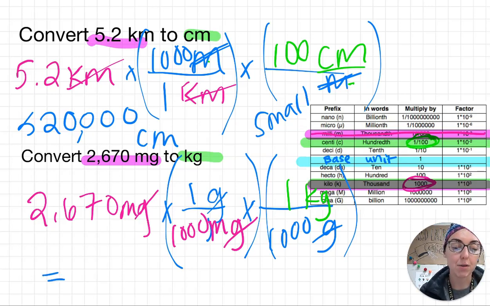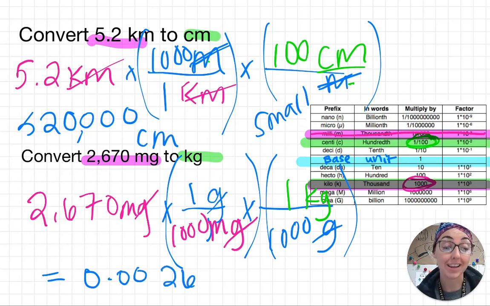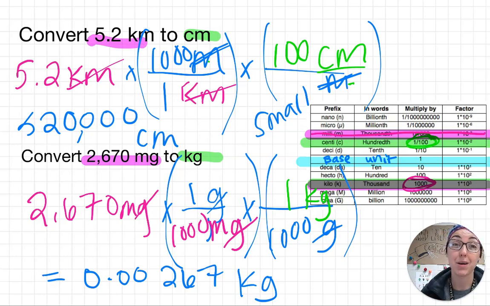So I divide by 1,000, and I would get 2.670 grams, and then I would divide by 1,000 again, which gives me 0.00267 kilograms. Though really, if I was using my sig figs appropriately, I would not include that last zero because it's just a placeholder. We always need that unit, kilograms. That's how you do a two-step metric conversion.